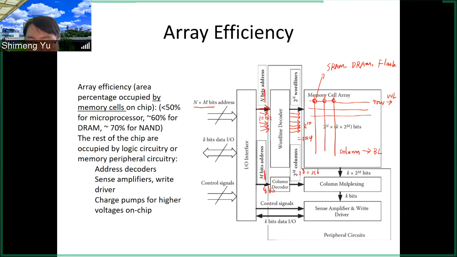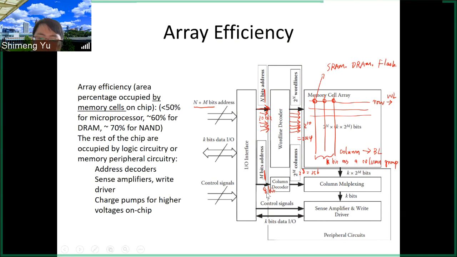Here I just want to emphasize that the column bits are to locate a group of columns. Let's say we have a group of columns, that is k columns, k bits as a column group. So actually what we are decoding is the column group.